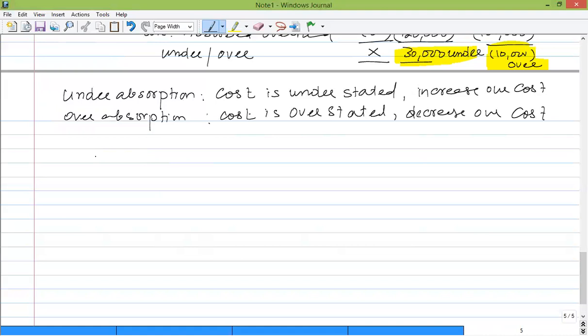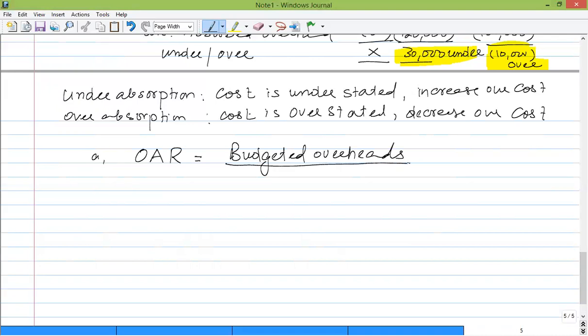Now, let's discuss its first part, that is how we can calculate overhead absorption rate. For this, we need to identify the budgeted overheads of each cost center, the production cost center, and a suitable budgeted level of activity.